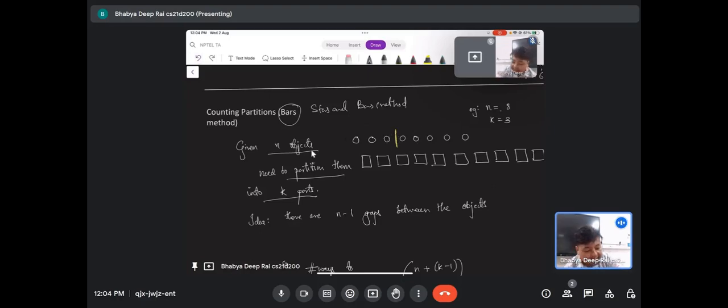Let's say I keep the bar here and I keep the bar here. So what would this mean? This means 3 people here, 0 people in the second partition, and 5 people in the third partition. So how do I represent this?